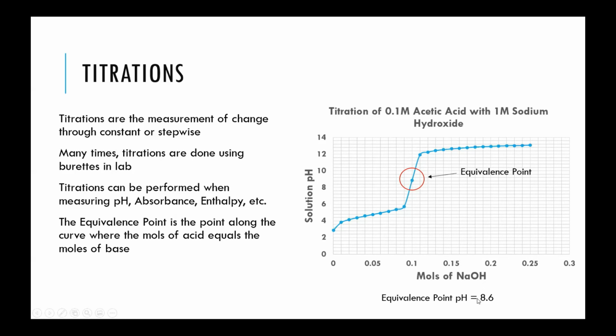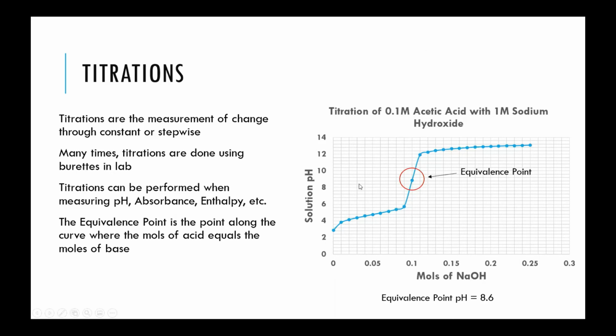The pH reading is about 8.6 based on this curve. That's because you're mixing a weak acid with a strong base, so the resulting mixture at the end, when everything is neutralized, would be a slightly basic solution.